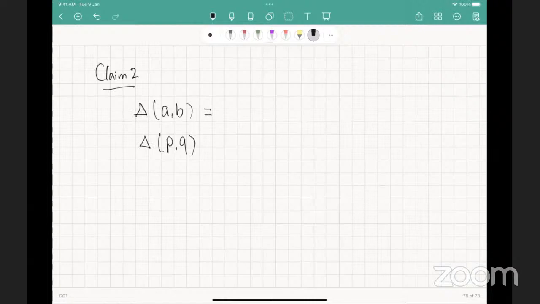So let's say this here is X and this is Y. So this is the absolute value of the difference between A and B. So if we have two P positions, AB and PQ, and we look at the differences in the sizes of the heaps in both of them, then what do you think we can say about these two differences? I want to claim that these differences are not the same.